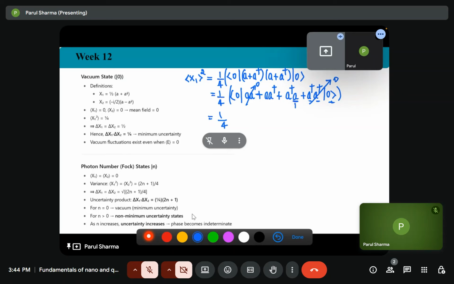So the only term is 0, a a dagger, 0. So it will give us 1 by 4.